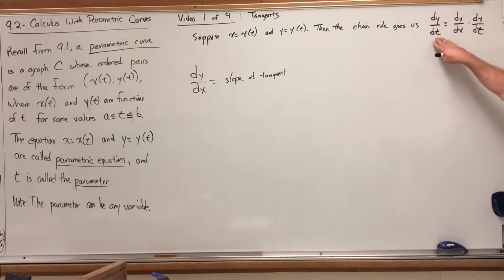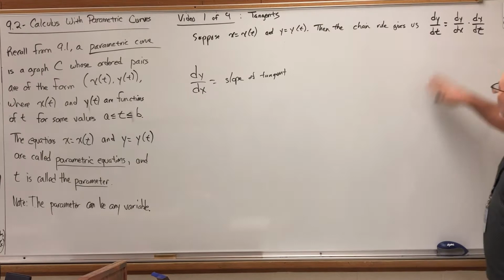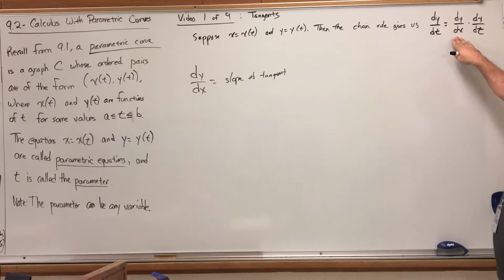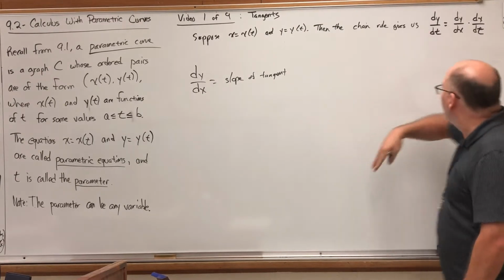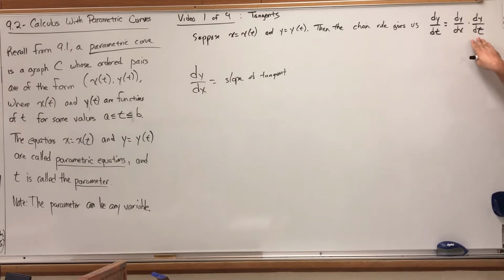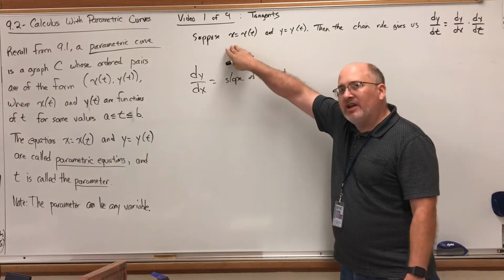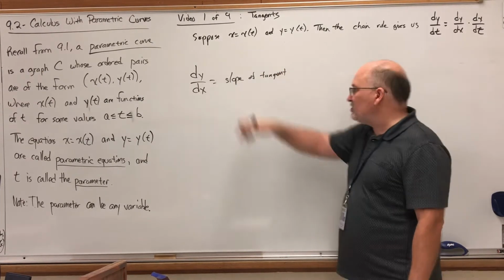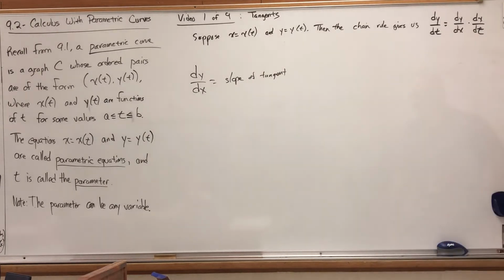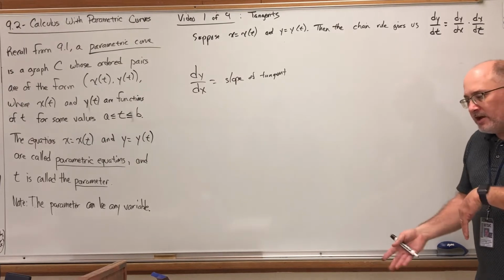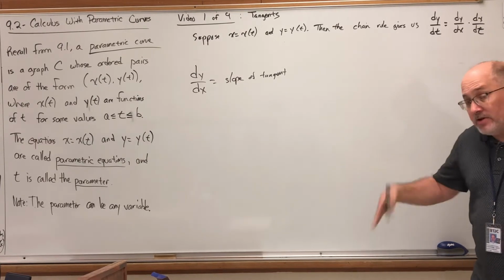The derivative of y with respect to t, which we can calculate if we have this function. The derivative of y with respect to x, which is what we want to know. And the derivative of x with respect to t, which again we can calculate if we have the function defining x. Well, anytime you have an equation and you want to know one thing and you know the other things, in theory you can solve it.